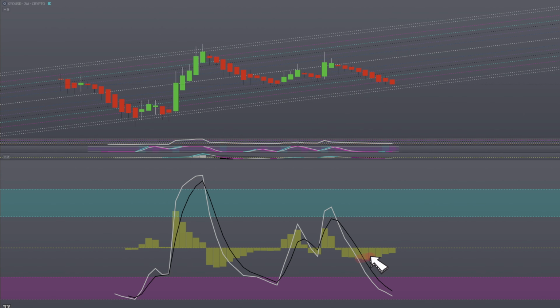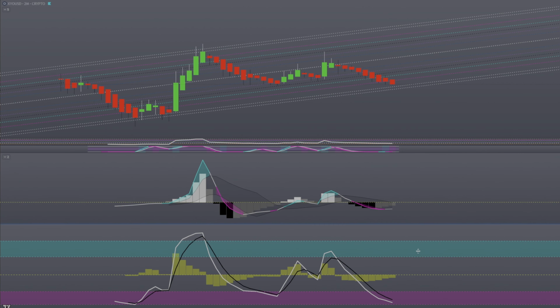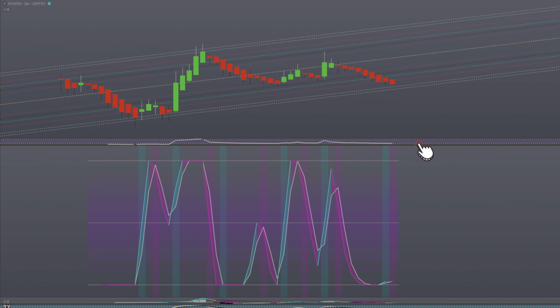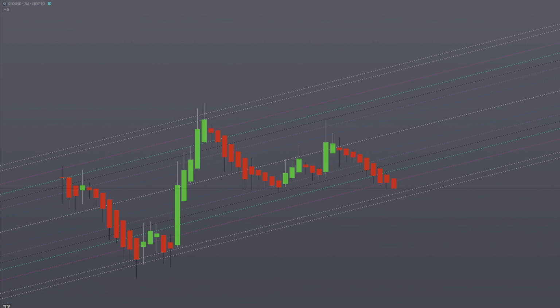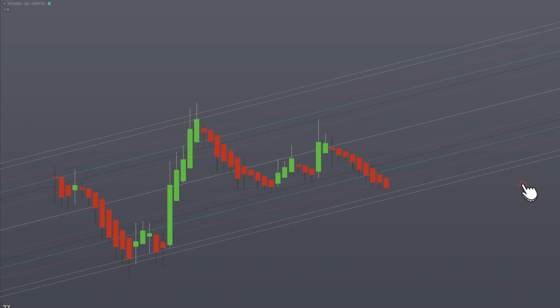We can also see that the histograms of this indicator have been building up, similar to the MACD histograms. So again, we're seeing these confluences of divergences being built up, where the prices continue to go lower and lower, hitting this support resistance juncture.